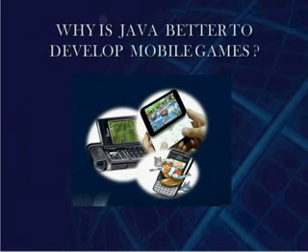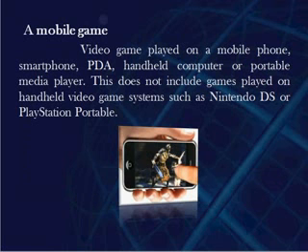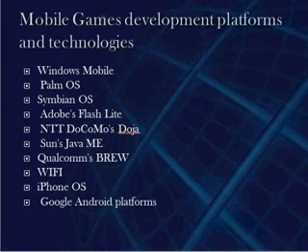Then we discuss why Java is better for mobile games. A mobile game is a video game played on mobile phones, PDAs, computers or smartphones. Although C++ has the advantage of being compiled into native code with direct access to system resources, the Java platform provides an end-to-end solution to mobile game developers while allowing them to work with any desired language.